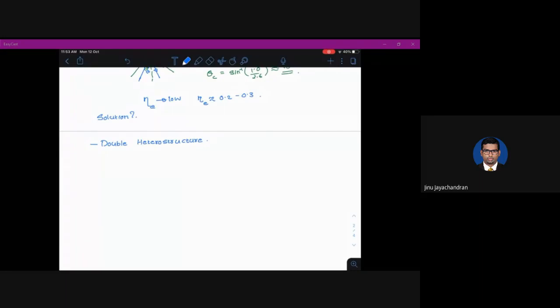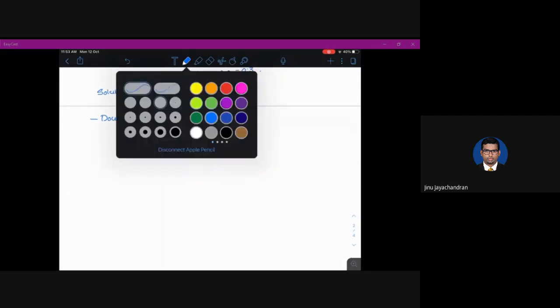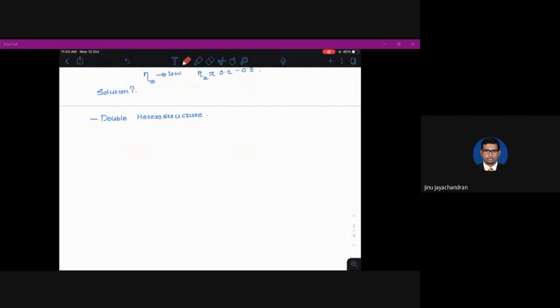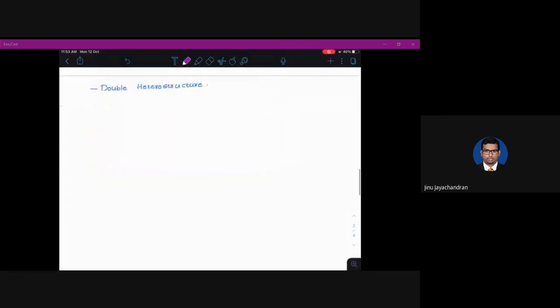The solution that was proposed is to have a double heterostructure LED. So in that case, my LED looks something like this.